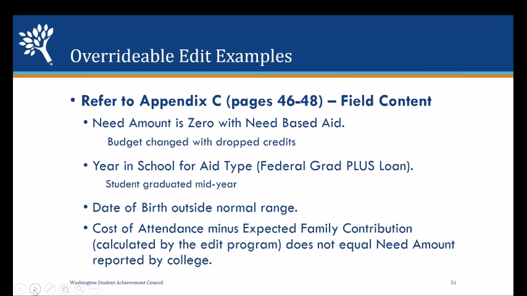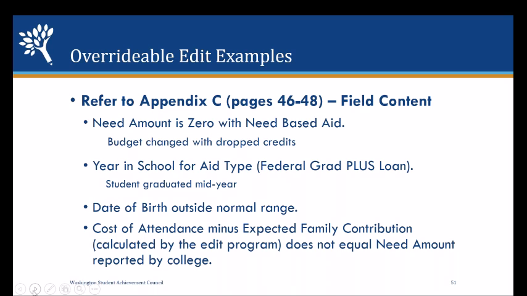Overridable edits, again, Appendix C, pages 46 to 48. If the need is 0 with need-based aid, perhaps the budget changed with dropped credits, you can override those if there's a valid reason for that. Year in school for aid type, so federal Grad Plus loan is an example.